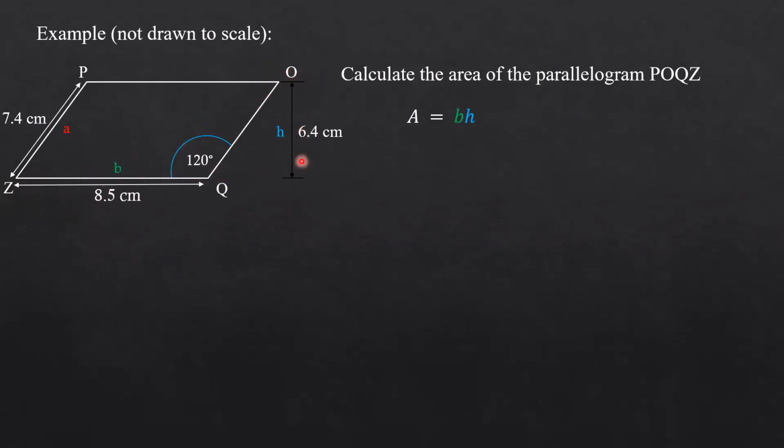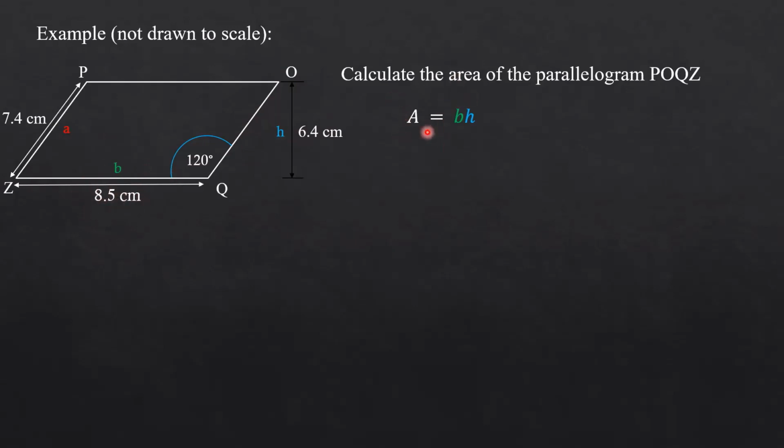Any vertical line is perpendicular to a horizontal line, right? However, this line is outside, so there's no need to put the 90 degrees here. So the perpendicular height is 6.4. It's labeled for you, and the base is 8.5 centimeters.